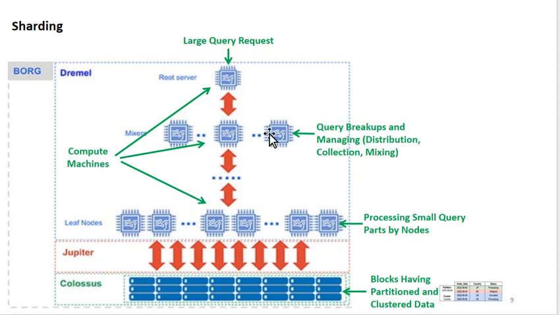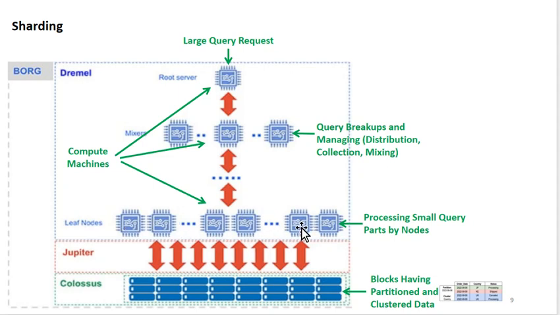For example, if you fire a query for a particular year, and suppose there is 100 GB of data to be fetched, the query will be divided by these mixer servers and sent to the leaf nodes.